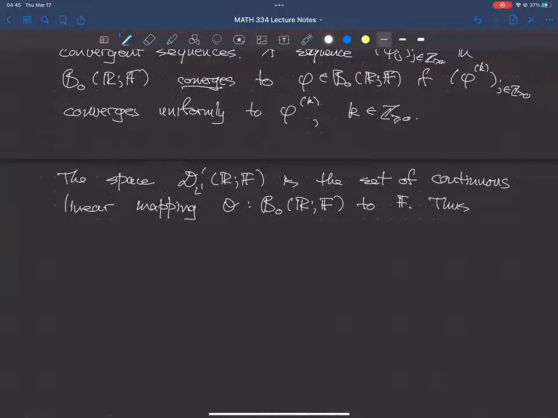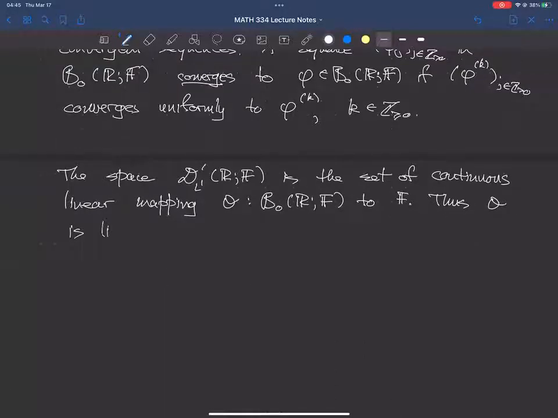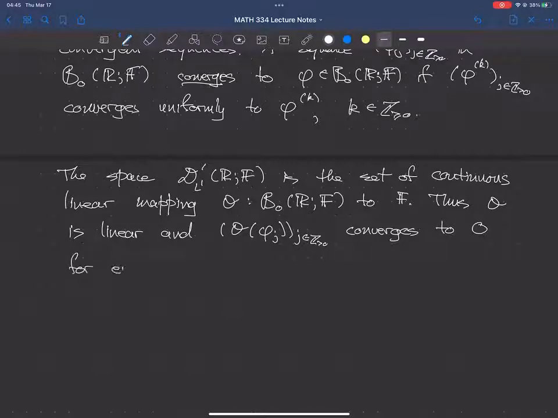Thus, theta is linear, and the numerical sequence theta applied to phi j converges to 0 for every sequence phi j in B0 that converges to 0.